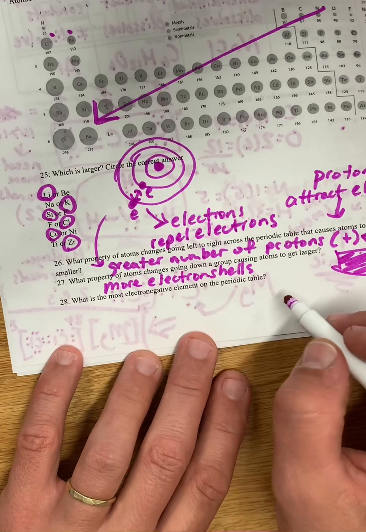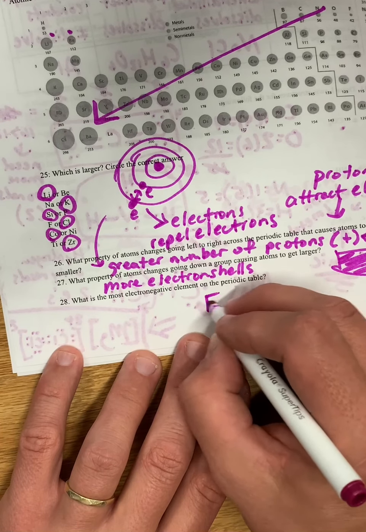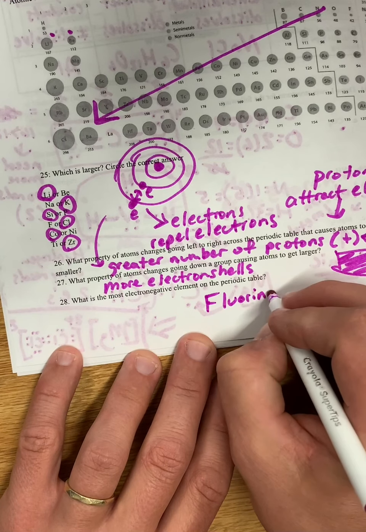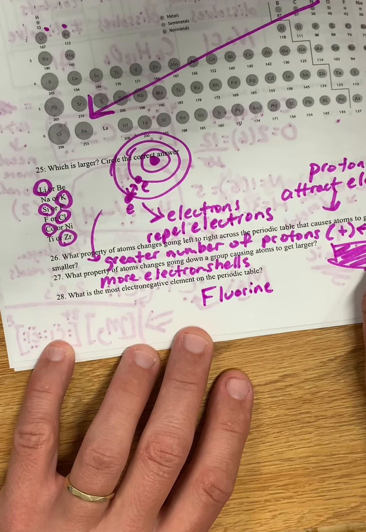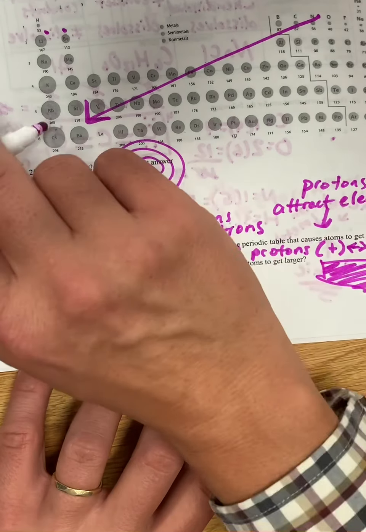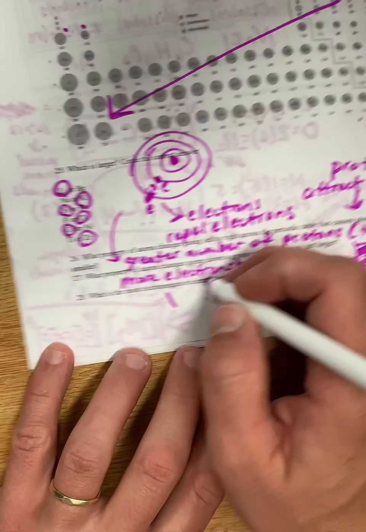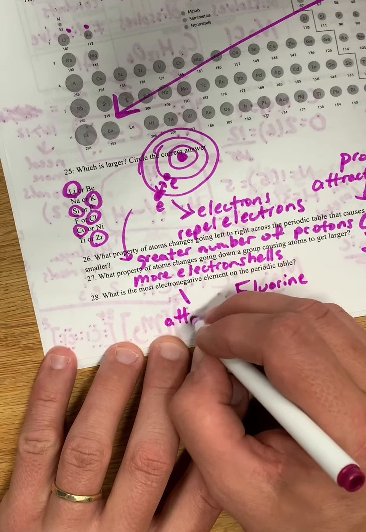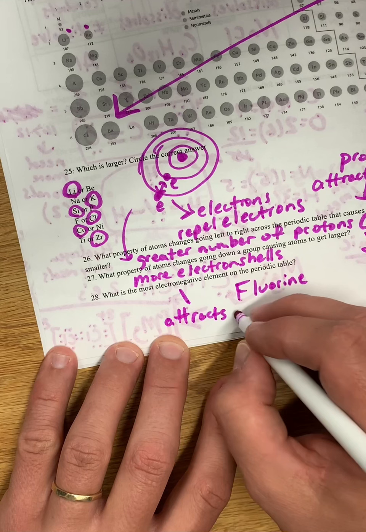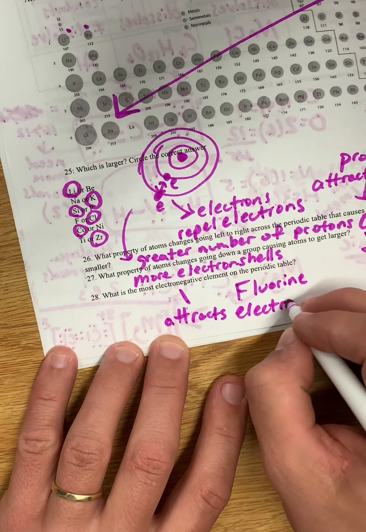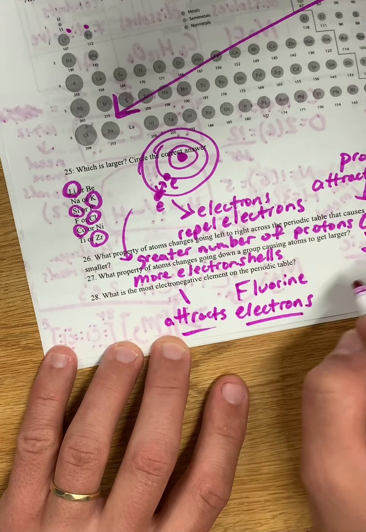What is the most electronegative element on the periodic table? It's fluorine. Mr. Dilla, how do you know that without even thinking about it? Okay, for the same reason, okay, electronegative means attracts electrons. So what attracts electrons?